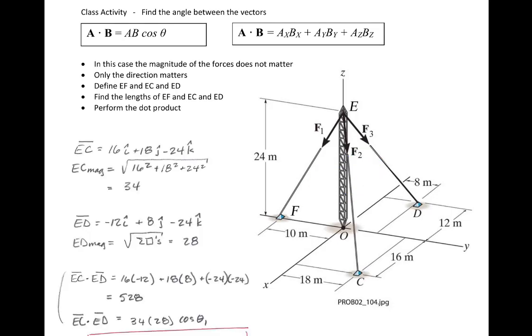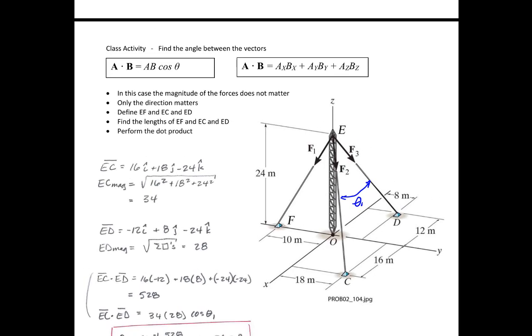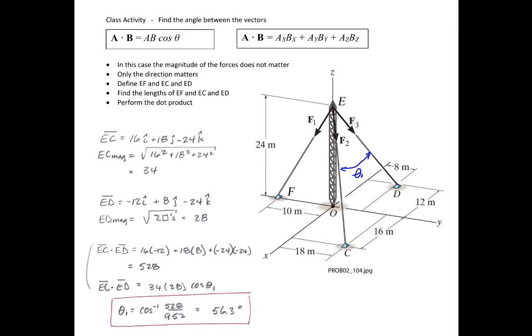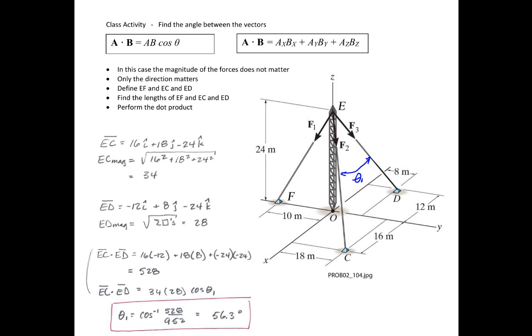Okay, here is the solution for theta 1. I'll go ahead and put theta 1 here. I'm going to zoom out just a little bit so you can see the whole picture. But first we defined EC, which is this one, and found the magnitude. Then we find ED and found the magnitude.